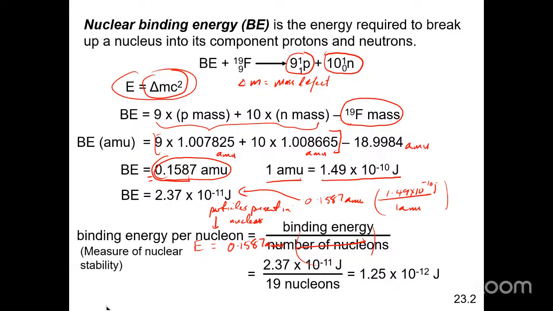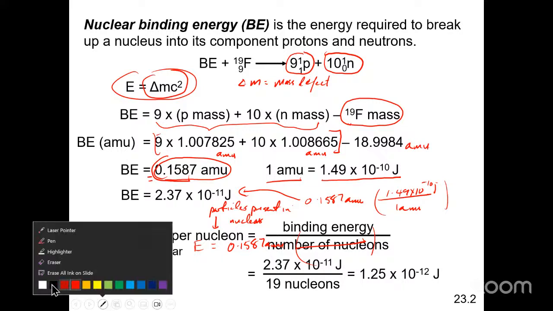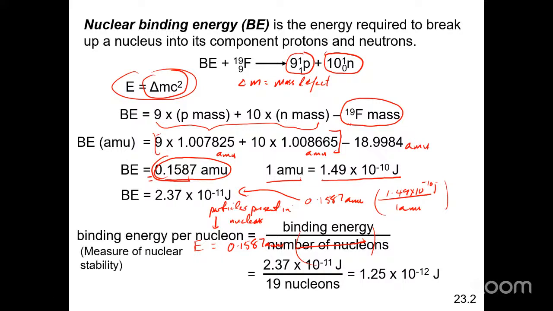Something is missing from this here. Let me add it here. This should be joules per nucleon. All right, so please make a note of that. That's how you measure the stability of the nucleus.